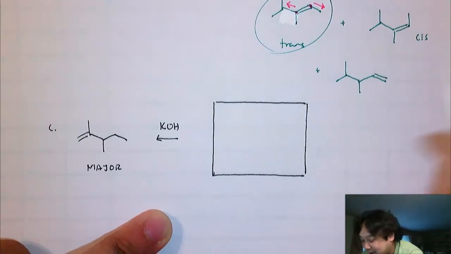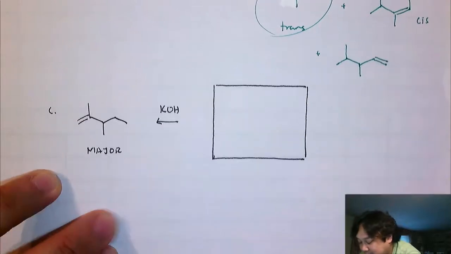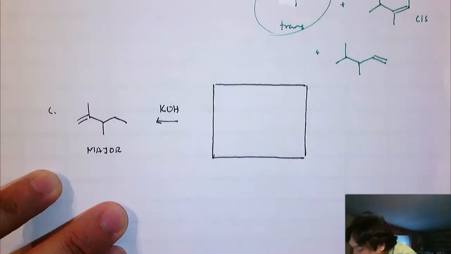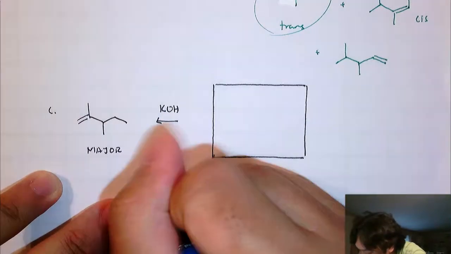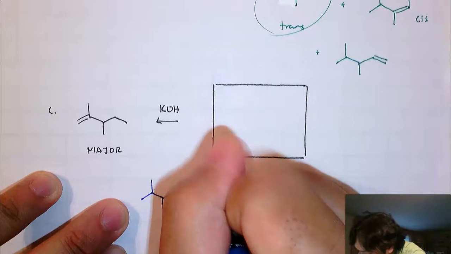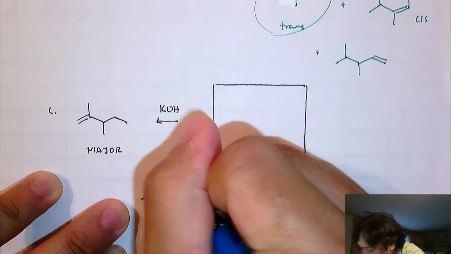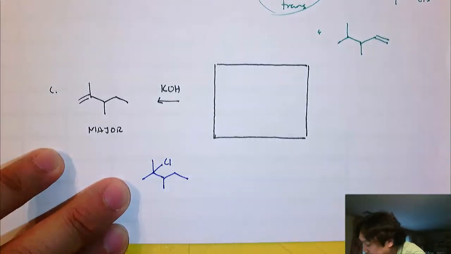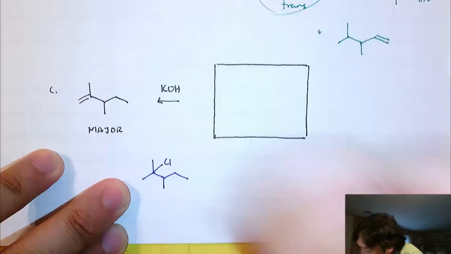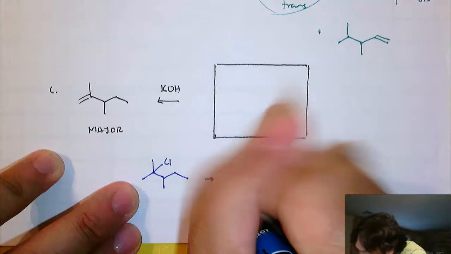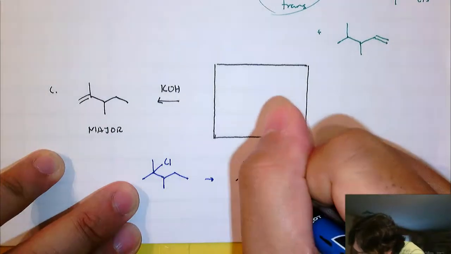Okay, we are back. I read the problem. I got to figure out the alkyl halide. I see that if I guess this, okay, I am going to put the double bond actually right here. Okay, so maybe I could draw this. This is how I would do it fast.